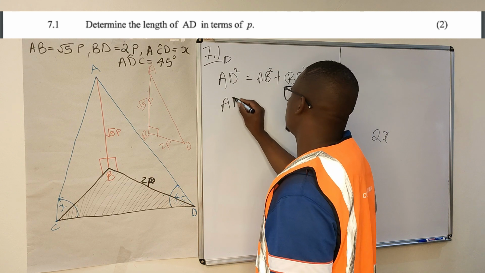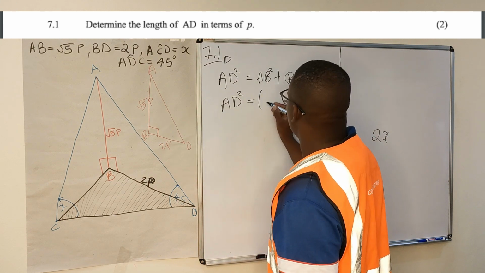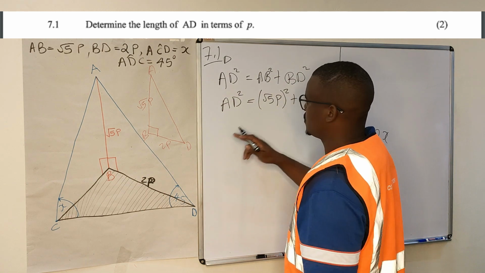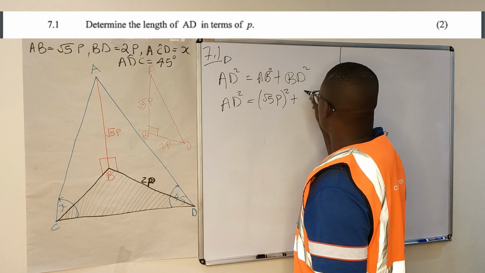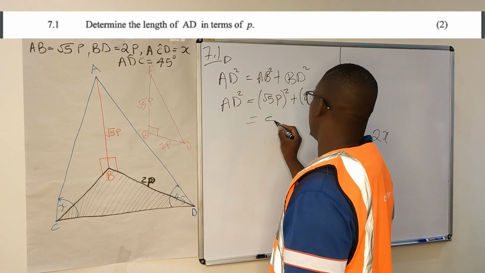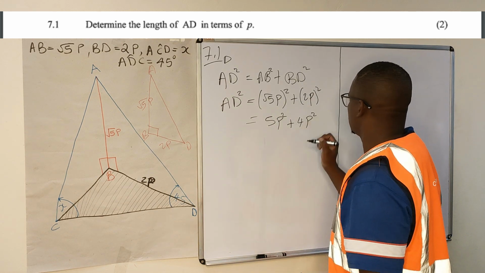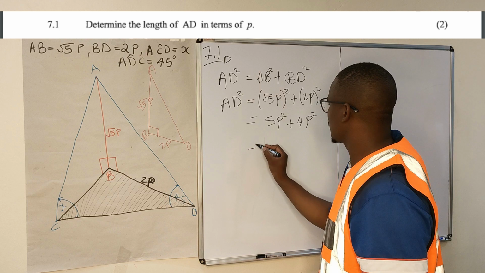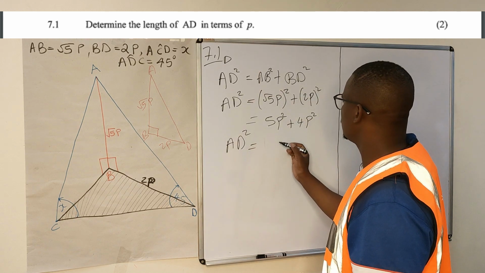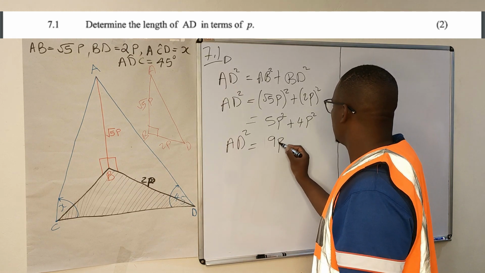So AD squared is equal to AB squared, which is root 5p all squared, plus BD, which is 2p squared. So you have 5p squared plus 4p squared, so AD squared is equal to 9p squared.